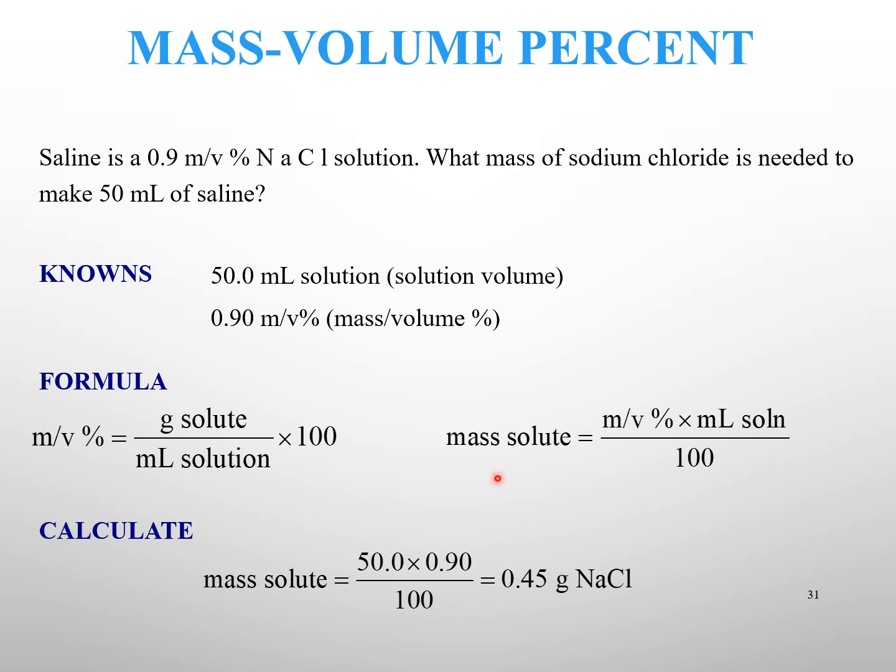So you just have to rearrange the formula here, or you can remember that this here means that you have 0.9 grams in 100 milliliters of solution. And you'll see that it gives you the same type of calculation. And we have 50 mils.